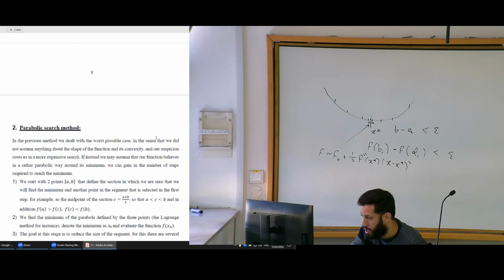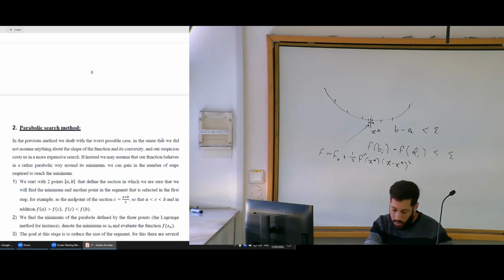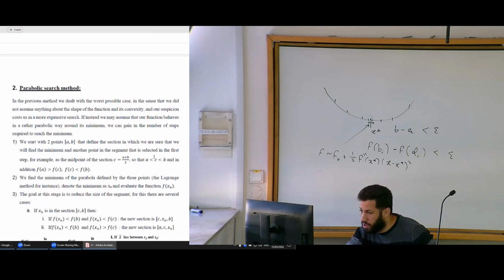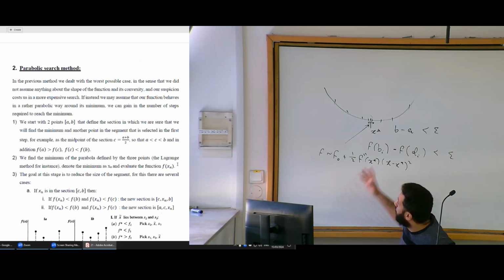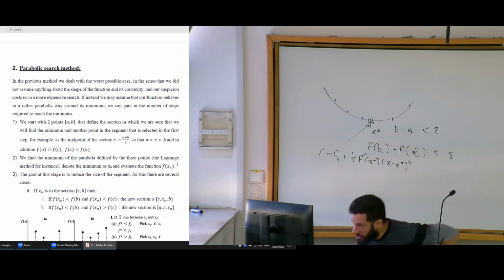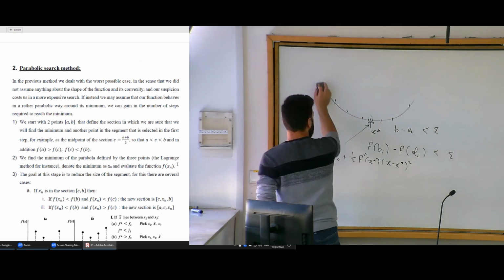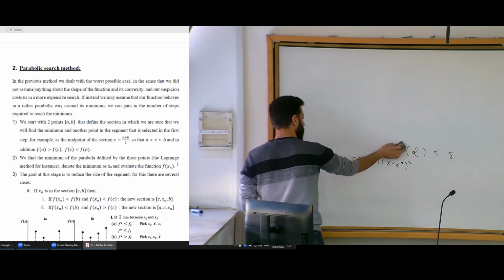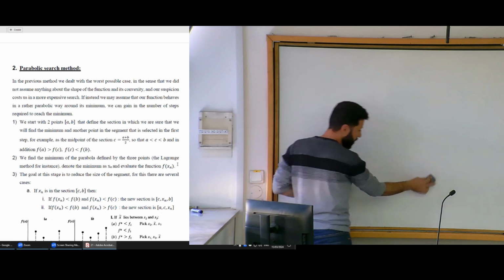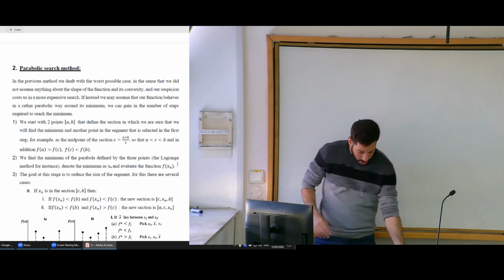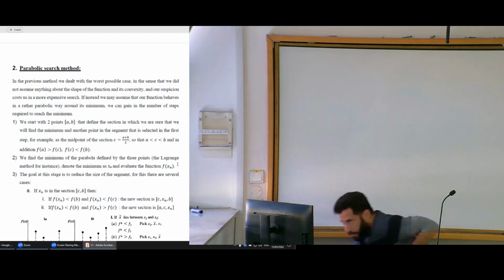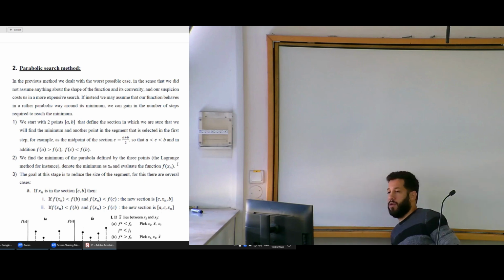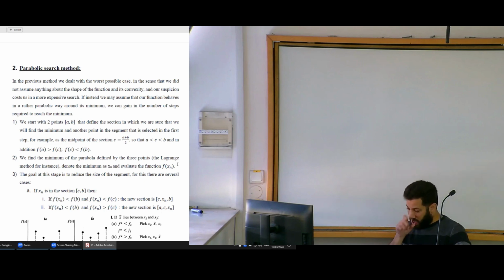So now let's talk about another way of calculation. It's the parabolic search method. As you see, our way gets to a guaranteed solution, but it might be, say, not efficient or too slow. Now we can think about another way, which is the parabolic way.